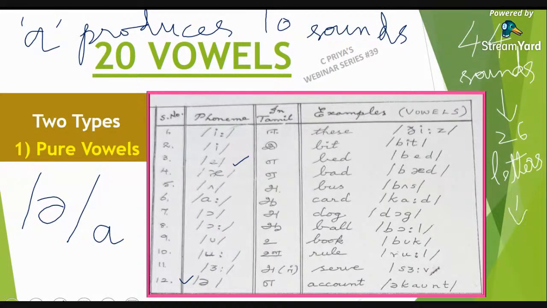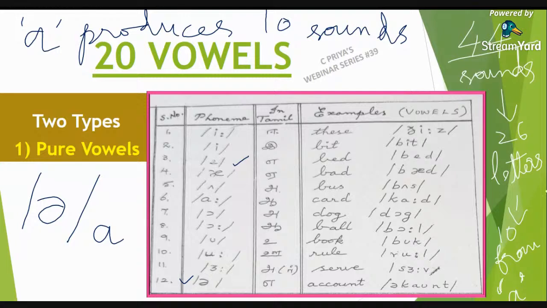Among them, 10 from letter A. So now we are introduced to all these sounds. Among the 44 different sounds, now you are introduced to the first 12 sounds.